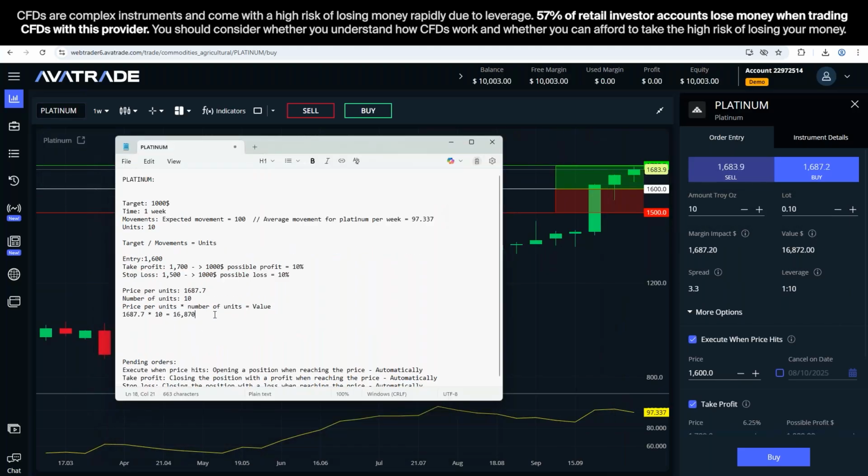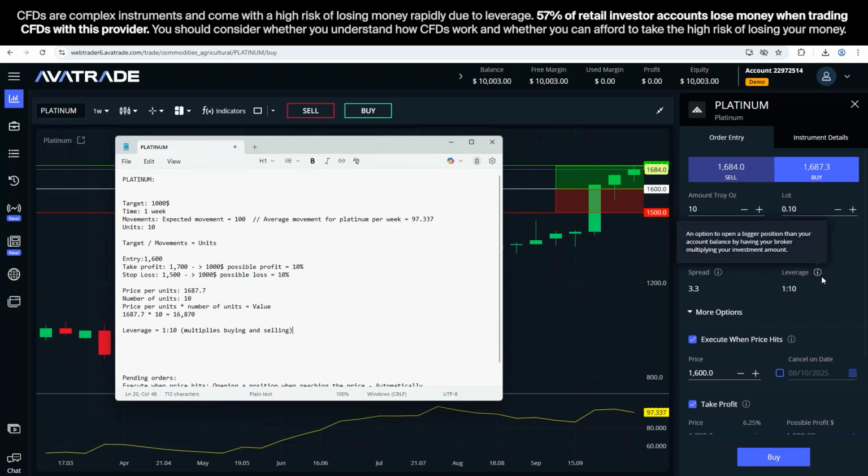Now, what is the leverage giving us? The leverage equals 1 to 10, and it multiplies our buying and selling power. Basically, our buying and selling power is not what we have in the balance, but what we multiply by the leverage.